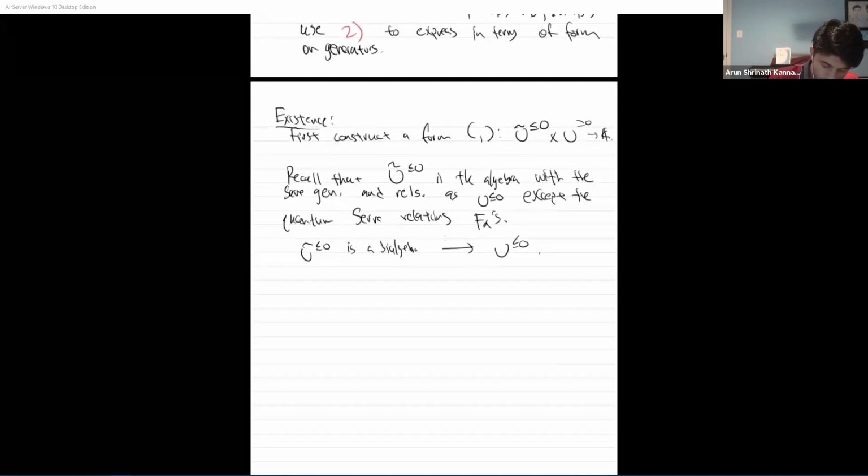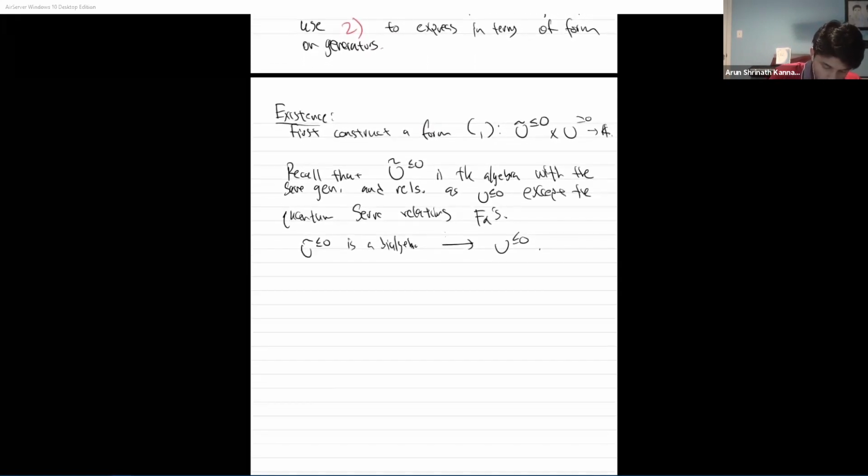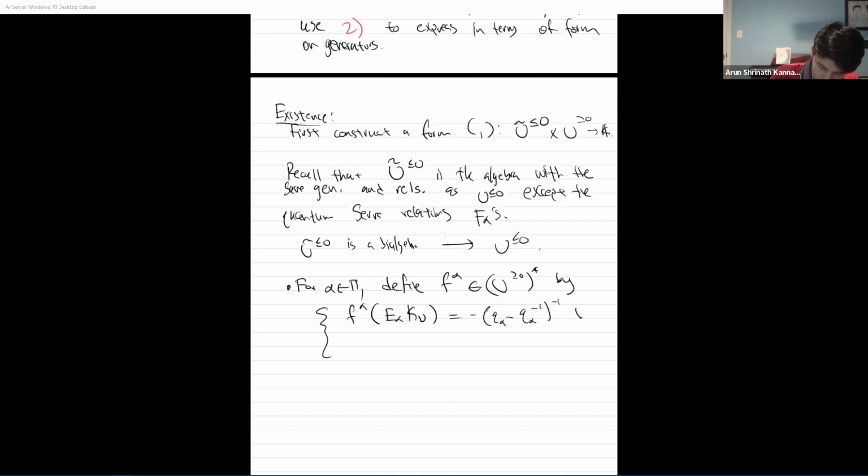So in order to define this form, we're going to define two functions. For alpha simple, define f alpha in the dual of u less than or equal to 0, by f alpha on e alpha k nu is equal to minus q alpha minus q alpha inverse for all nu in Z phi.